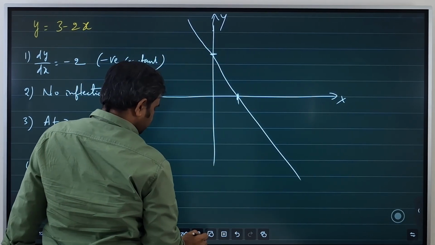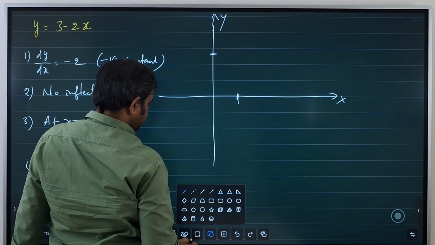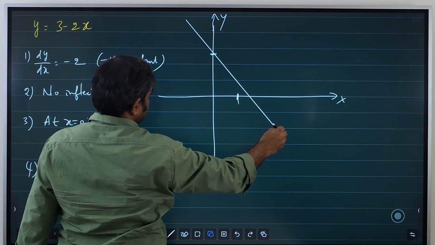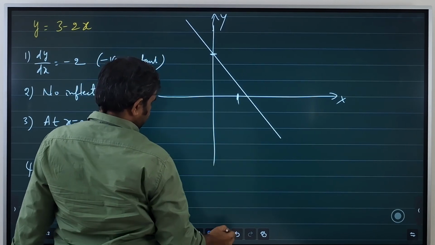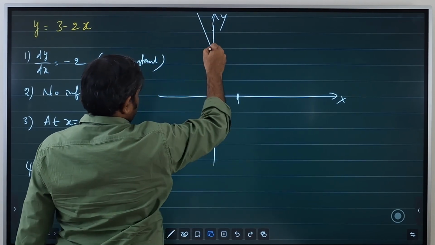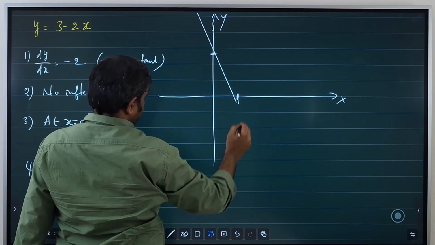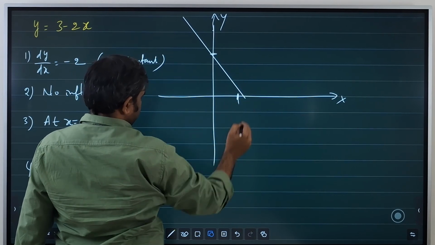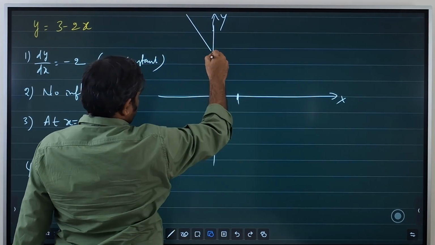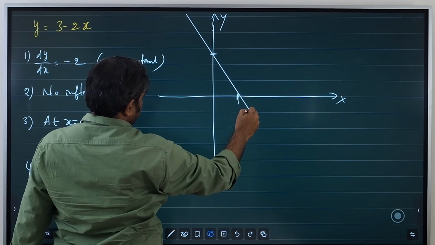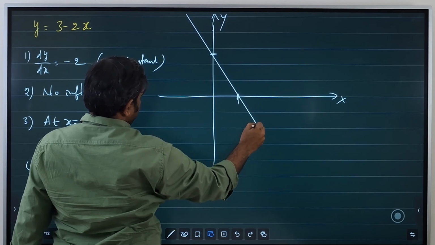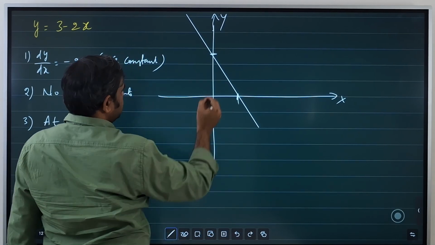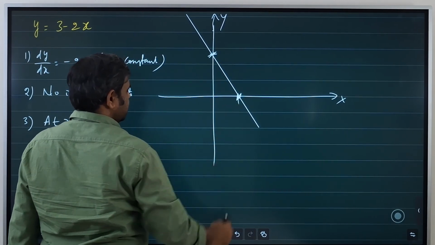The graph is a straight line passing through these 2 points here.